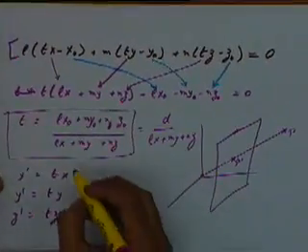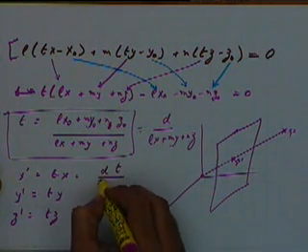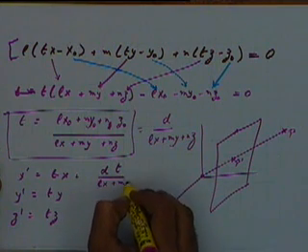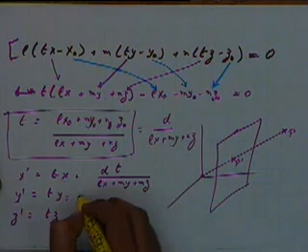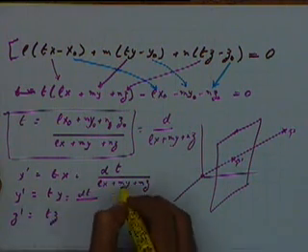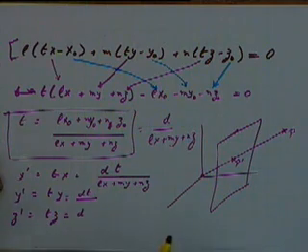I can put these terms here. This is equal to d times t divided by Lx plus My plus Nz.